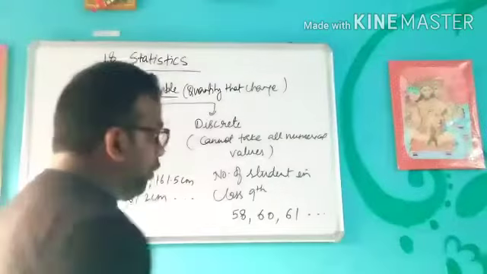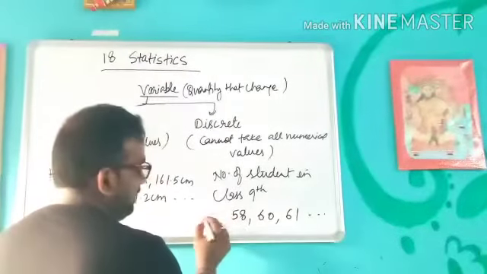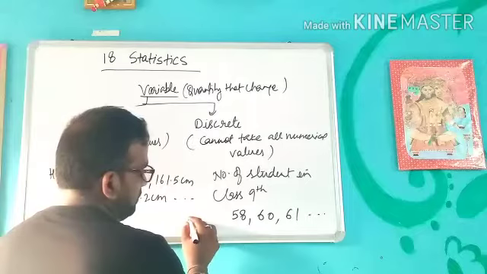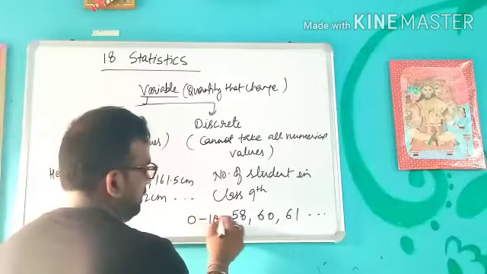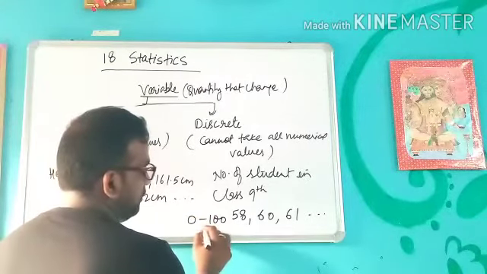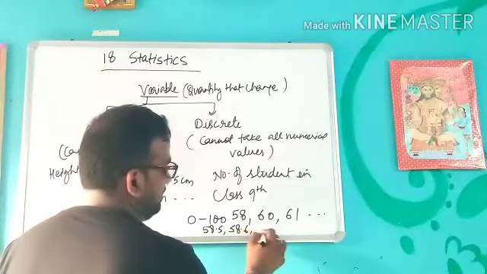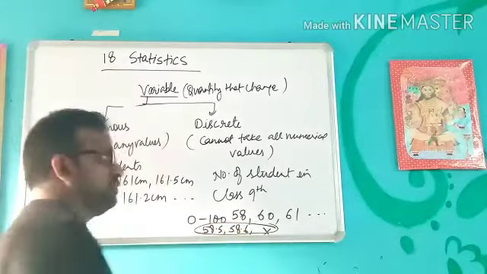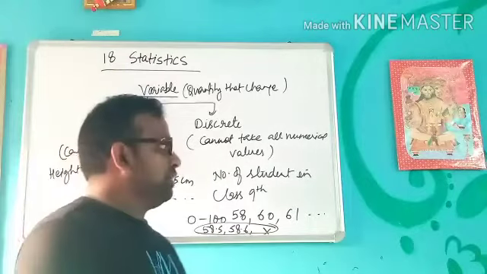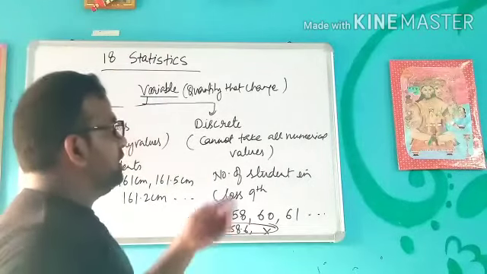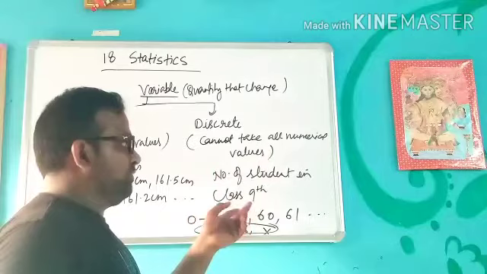It cannot take all the range of values. Suppose it lies between 0 to 100, it cannot take 58.5, 58.6, like this. The number of students in a class cannot take these values.